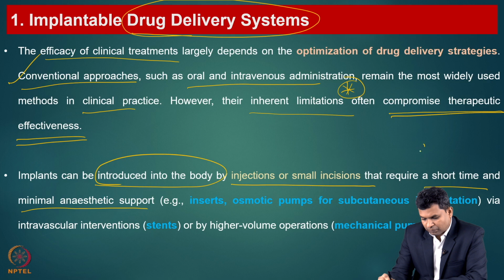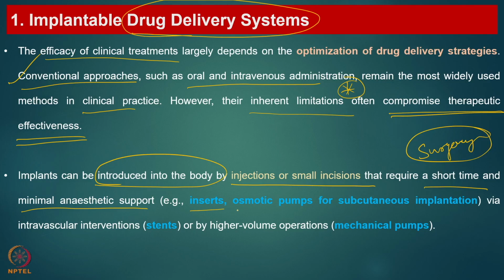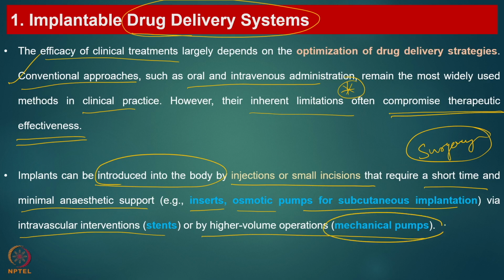That means we need to perform some surgeries in some cases, and we can place various types of formulations, such as osmotic pumps via the subcutaneous route under the skin. We can also do intravenous interventions, that is, place coronary stents for the treatment of various cardiovascular diseases, and we can give high volume operation by putting in mechanical pumps.